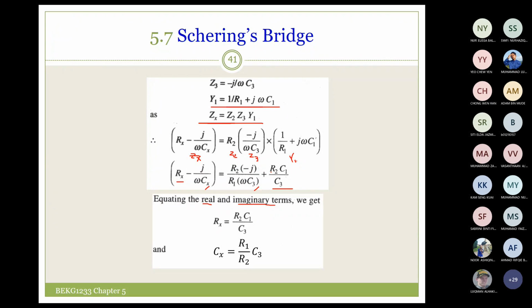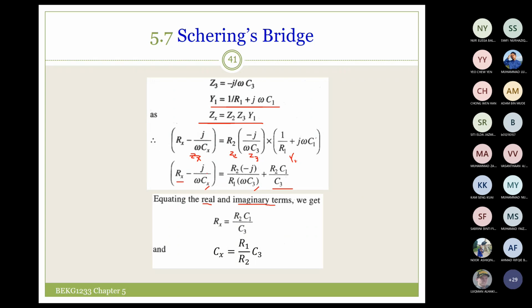So Rx equals R2 C1 over C3, and for Cx we can get R1 over R2, because we ignore the j, and omega is the same, so we can cancel out.